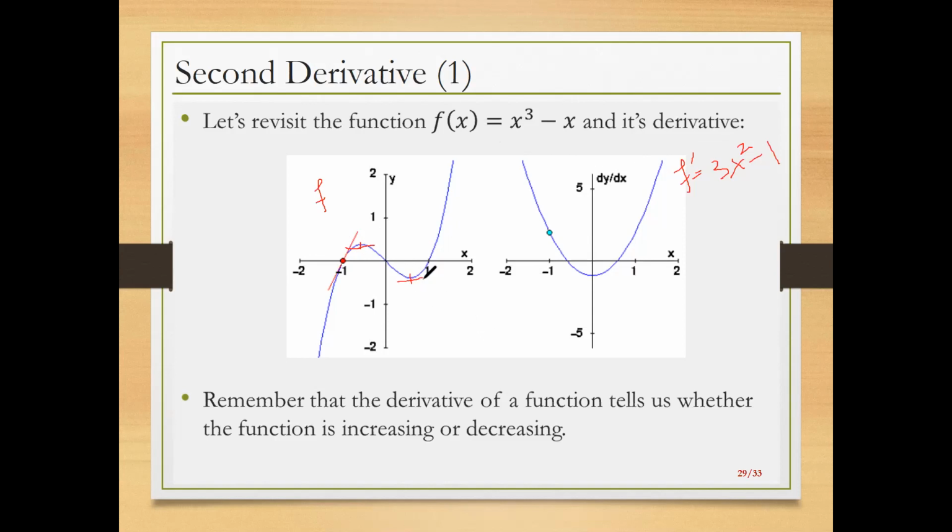Now, how do we find these values? As I said, you have to solve the equation f prime, the first derivative of the function, equal to 0. So I say 3x squared minus 1 is equal to 0, and I find the values of x that satisfy this equation. Can you tell me what are the values of x that satisfy this equation?